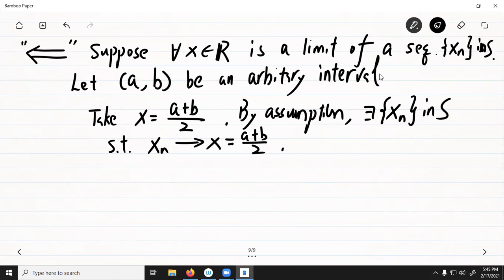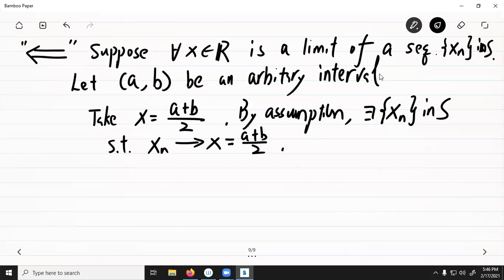So now we have this one. How do we continue? Now we have the limit xn, we have the sequence. So now we want to prove that when n is large enough, this xn should be inside this set.